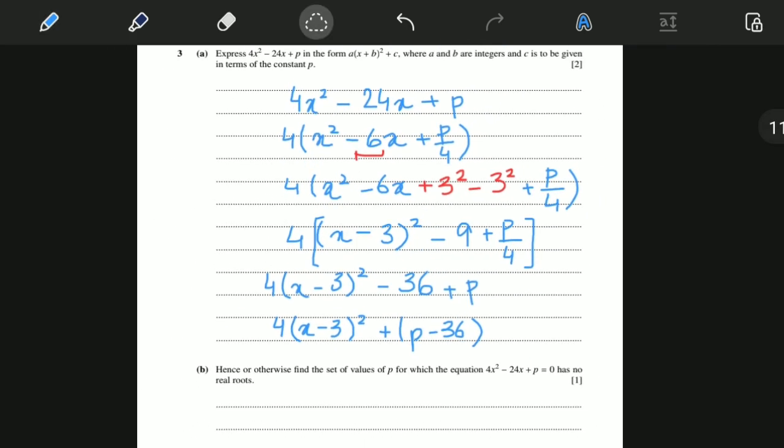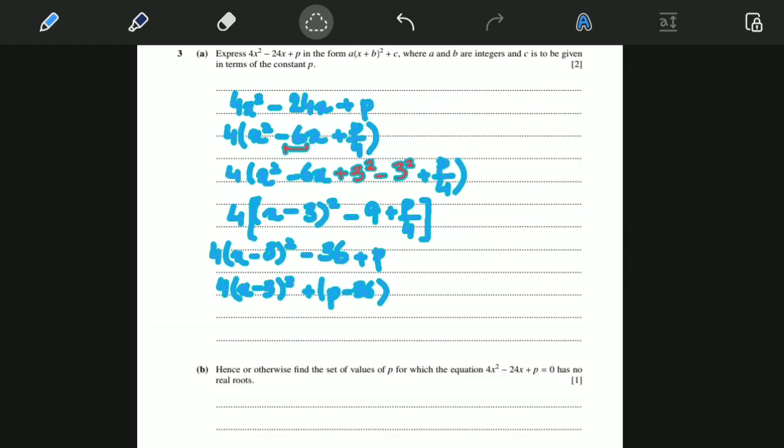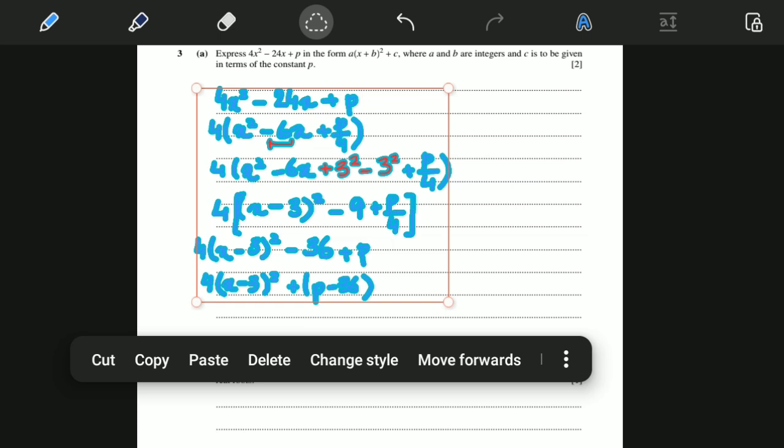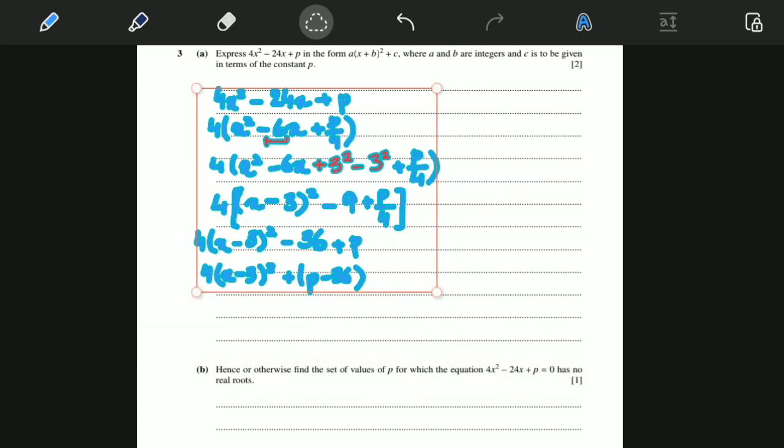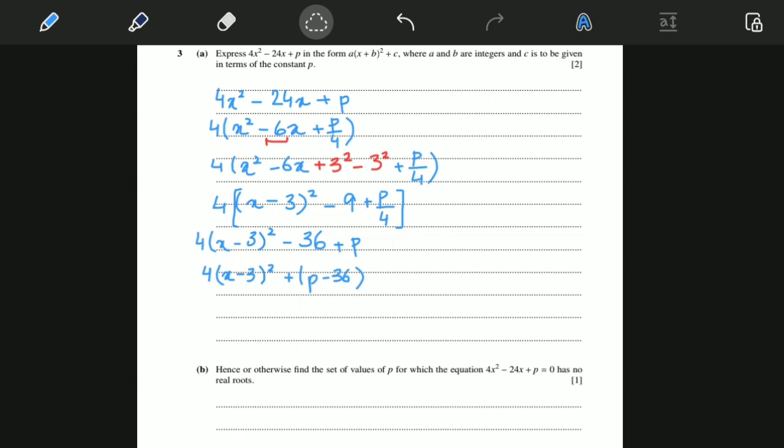Now this is our simplified form, but what do we need? We need c to be given in terms of p. Okay, and for that, first identify a, b and c.